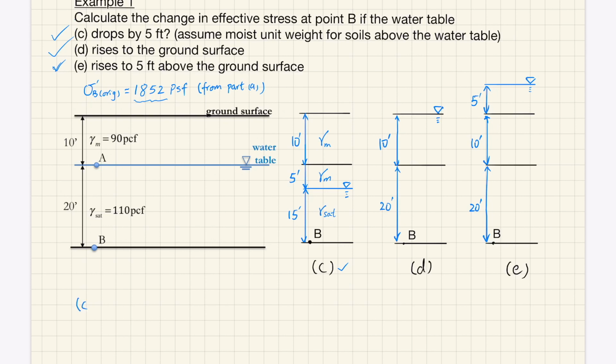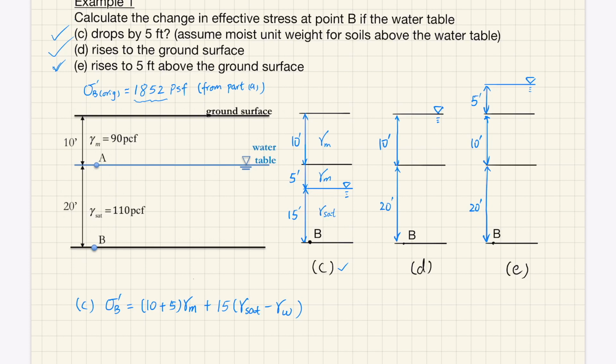And the effective stress, sigma B prime, equals 10 plus 5, so that's 15 feet of moist soil. For moist soil, there's no buoyant unit weight, so we use the moist unit weight to calculate effective stress. Then plus 15 feet of saturated soil. For saturated soil, the effective stress is height times the buoyant unit weight, which is gamma saturated minus gamma water.